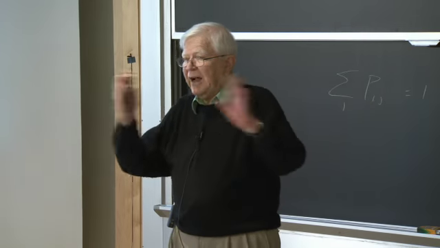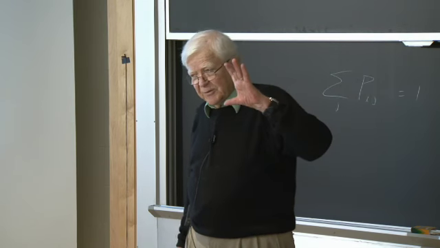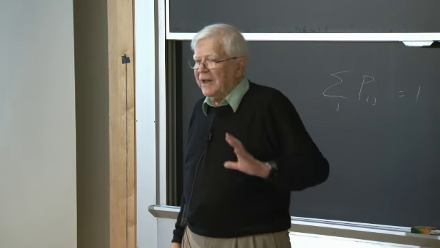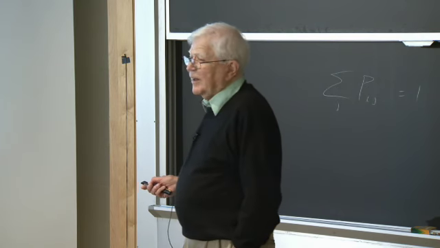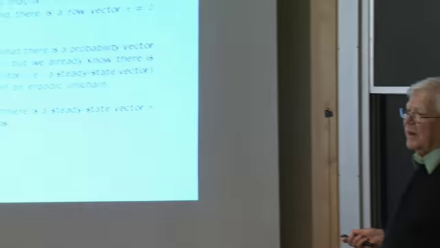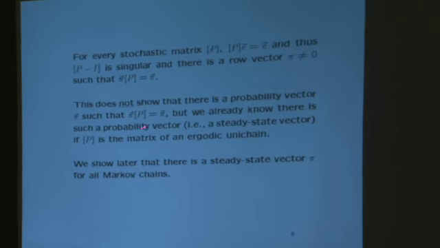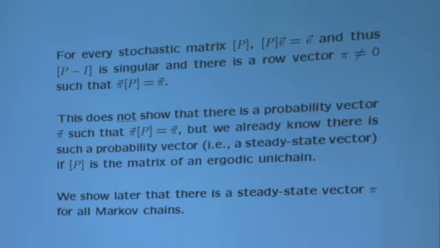No matter how messy it is, just like E, the column vector of all 1s, is always a right eigenvector of eigenvalue 1, there is always a non-negative vector pi whose components sum to 1, which is a left eigenvector with eigenvalue 1. So these two relationships hold everywhere.